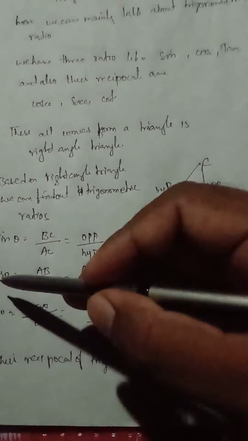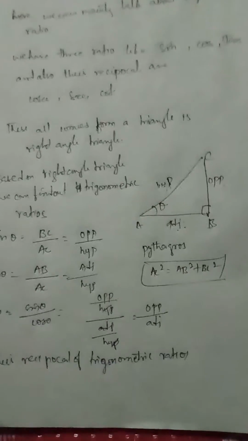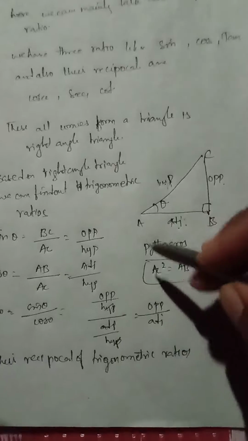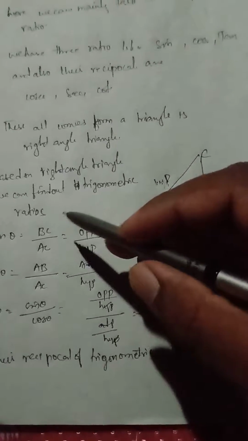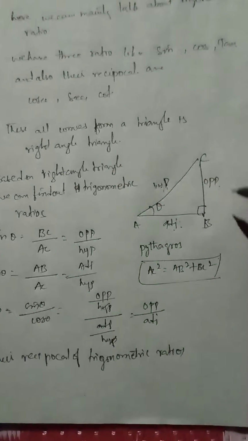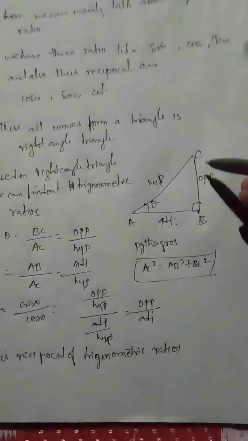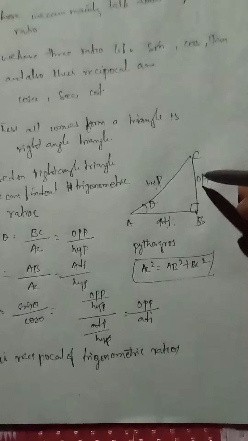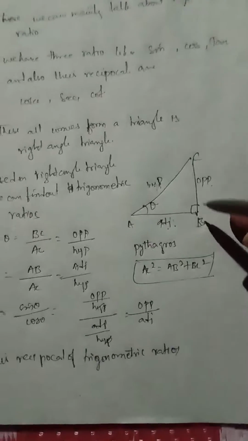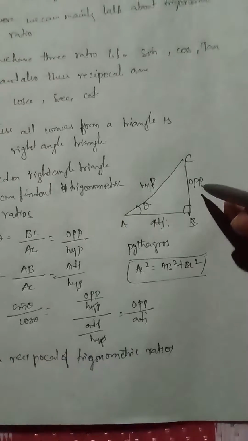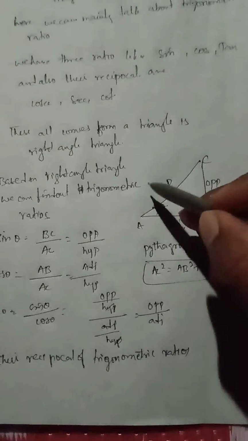Now let us go for cos theta. Similarly, for cos theta we have some difference. In sin theta, we take the side opposite the 90 degree angle of the right angle triangle as the opposite, which comes into sin theta.